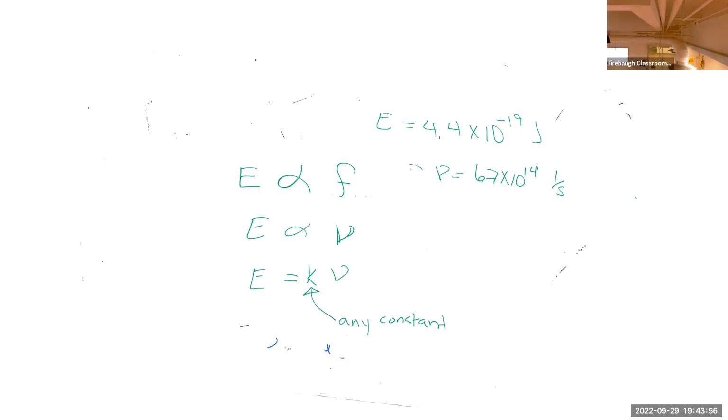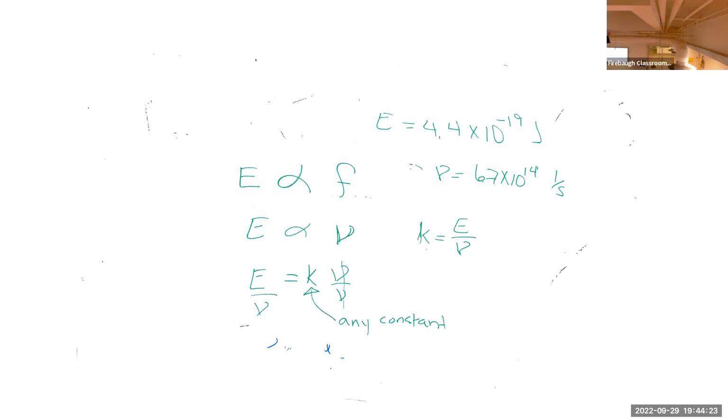So I'm going to get K by itself first. I divide both sides by nu. So then these cancel out. I get E over nu. So K is going to be equal to E over nu.